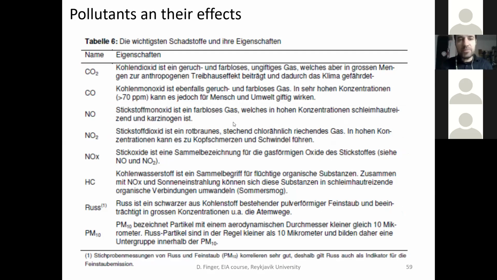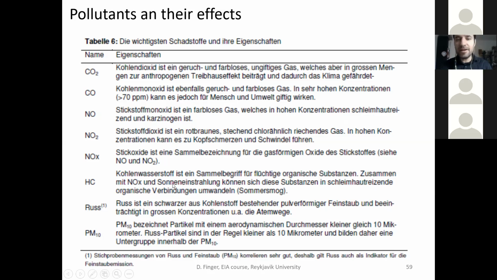So then we provided some tables where we simply describe the different emissions. Carbon dioxide has mostly an effect on greenhouse gases. Carbon monoxide can impact and harm humans. Nitrogen oxide, nitrogen dioxide, is of course a pollutant that can also impact human health. Then the carbon hydrogen emissions, those include the volatile organic components. They can be cancerogenic.